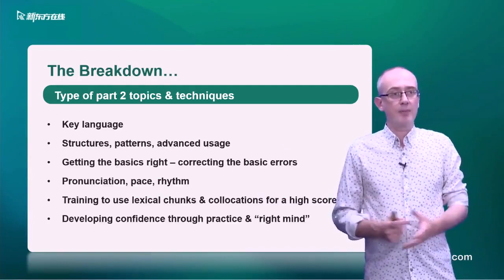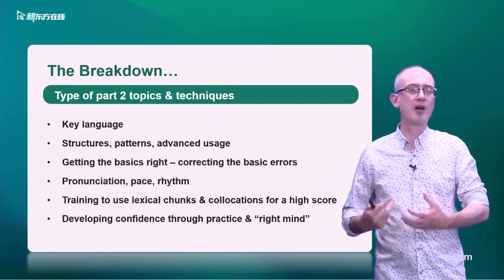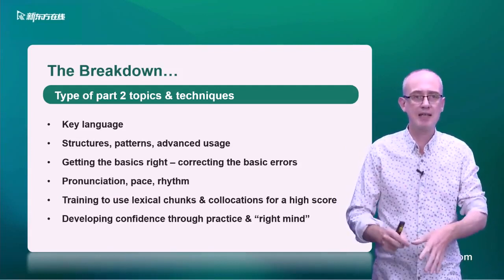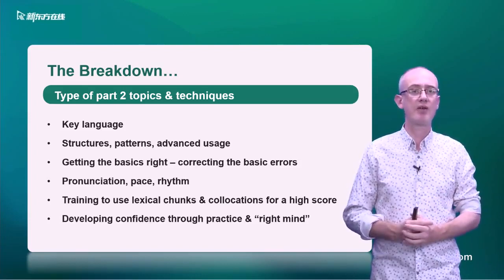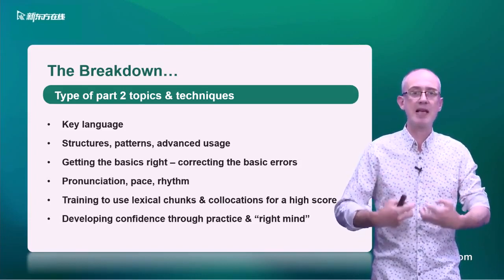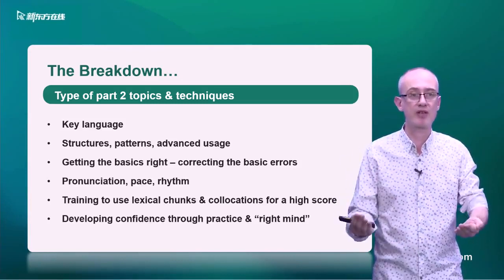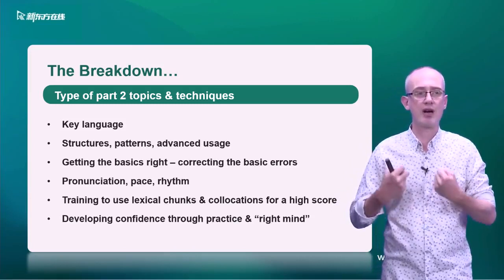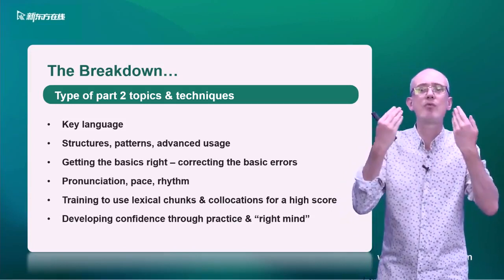The breakdown: types of part 2 topics and techniques will cover key language, structures, patterns, advanced usage, getting the basics right, correcting basic errors, pronunciation, mainly pace and rhythm. That's where the pauses and the stress are. Training to use lexical chunks and collocations for a high score, and developing confidence through the practice of getting in the right mind.